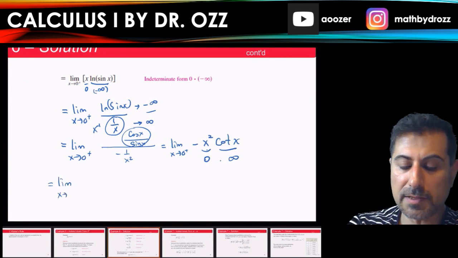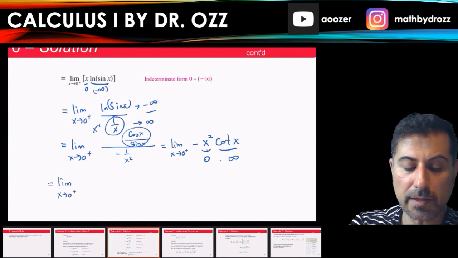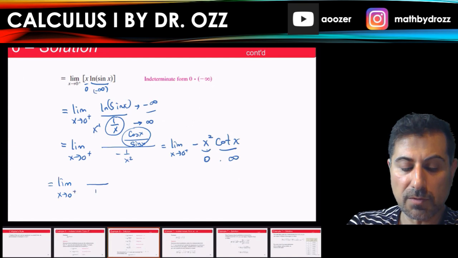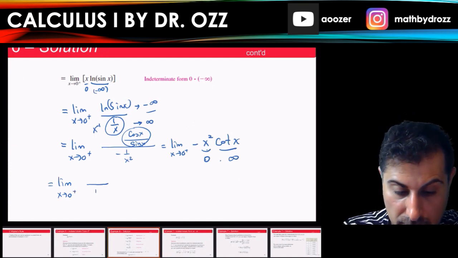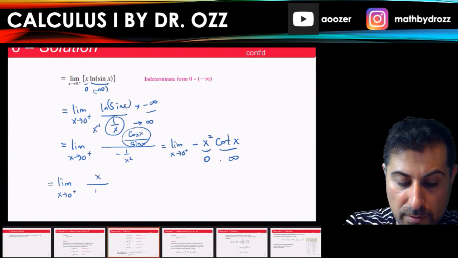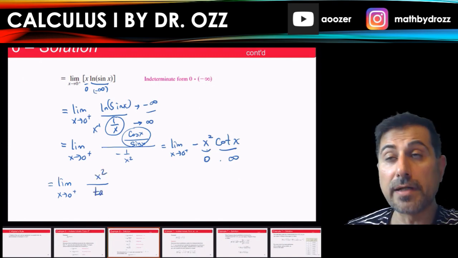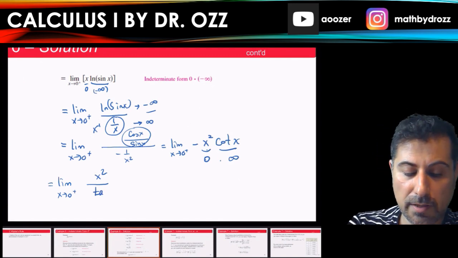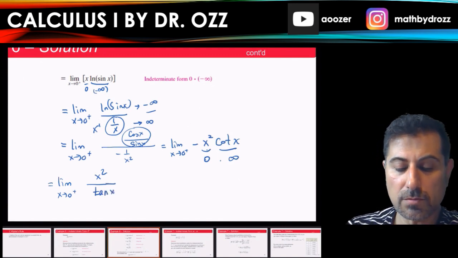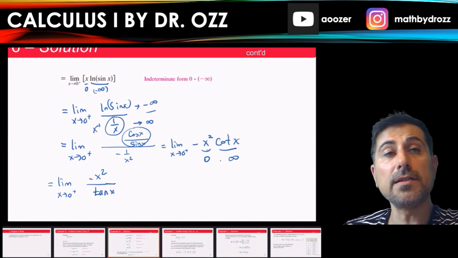I'm going to take the reciprocals of each term. So this one is going to be 1 over x squared. And I'm going to put the x squared to the top, and then the reciprocal of cotangent is tangent. So I'm going to put the tangent down, together with the minus sign here.